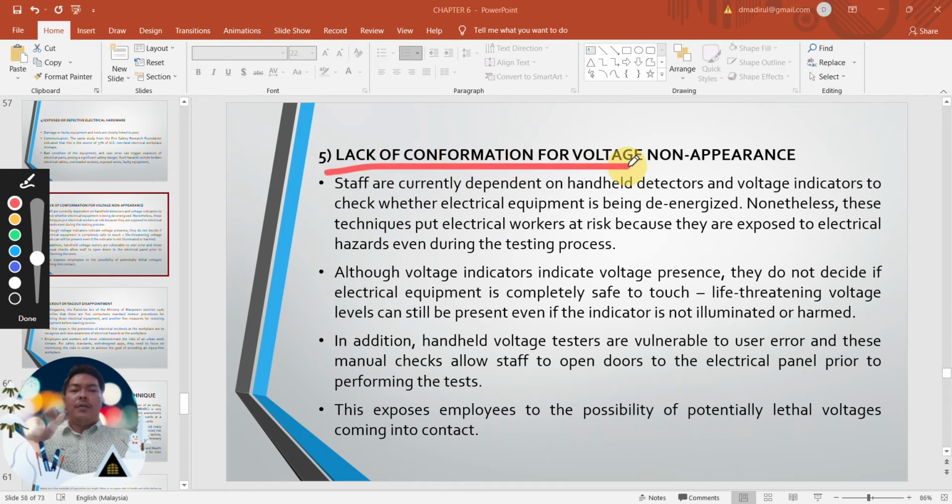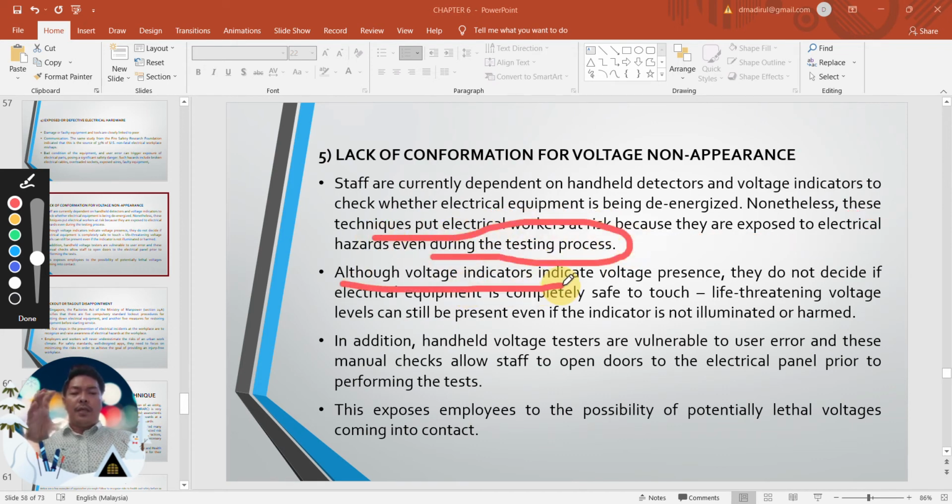Lack of information for voltage non-appearance. Staff are currently dependent on handheld detectors and voltage indicators to check whether electrical equipment has been de-energized. Nonetheless, this technique puts electrical workers at risk because they are exposed to electrical hazards even during the testing procedure.